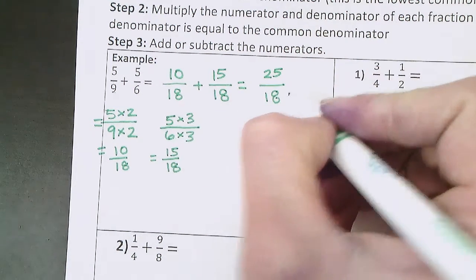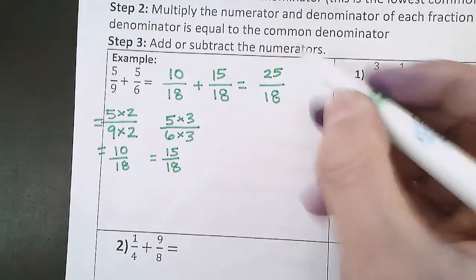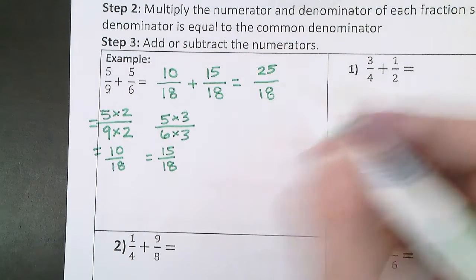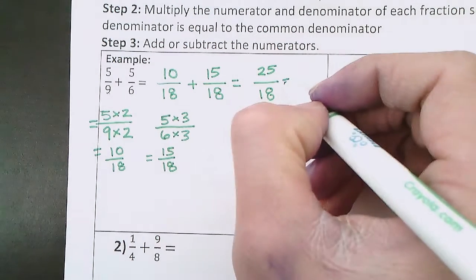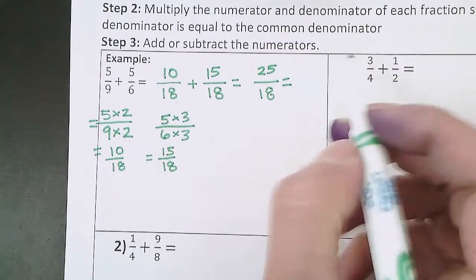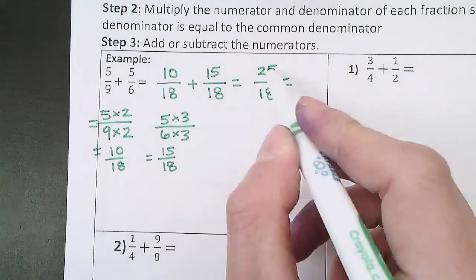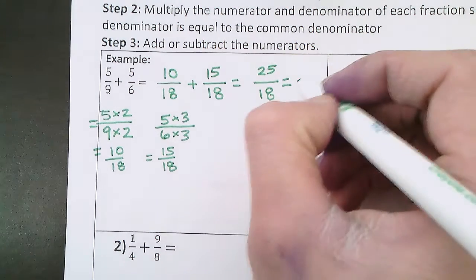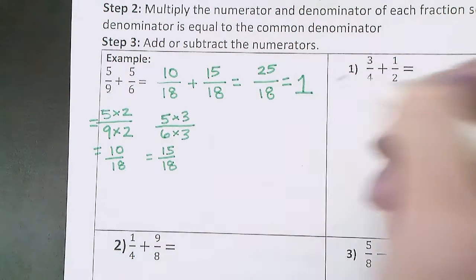Now we have an improper fraction, so we're not yet finished, and we have to convert this improper fraction into a mixed number. So then I think to myself, how many times can 18 go into 25? Once, so we have one whole.